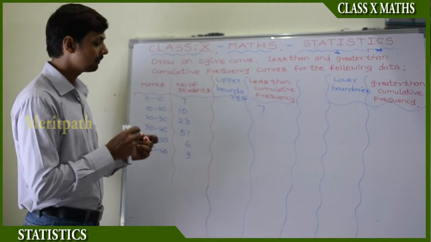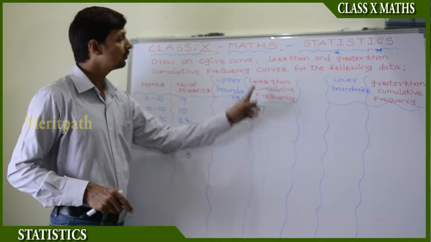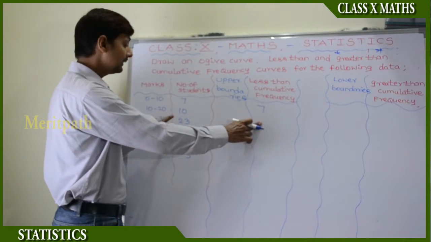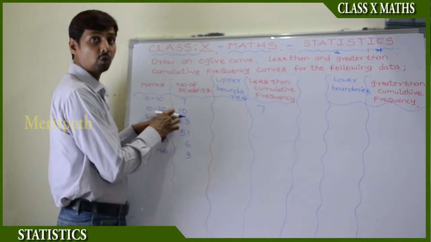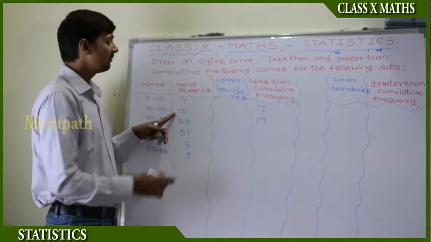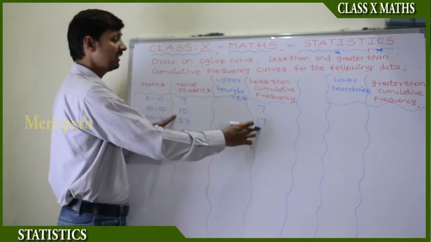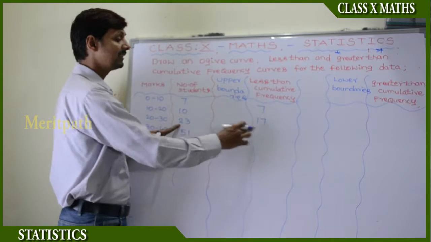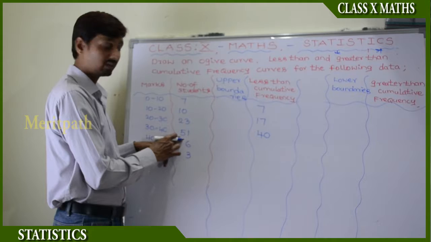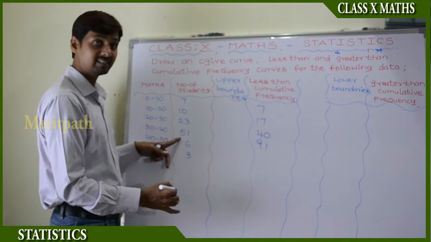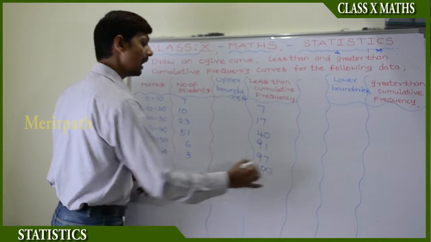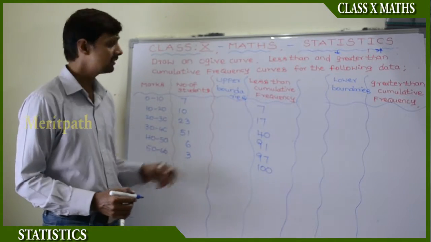Then to find the next frequency, we add the following frequency to the preceding one: 7 plus 10 is 17, and 17 plus 23 is 40. Adding the next frequency, we get 91, and 91 plus 6 is 97, and 97 plus 3 is 100.